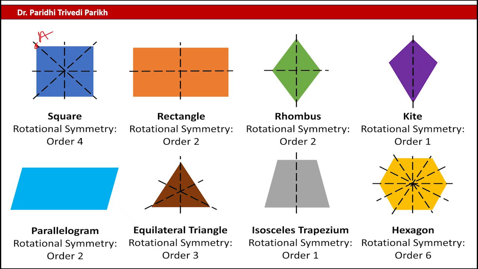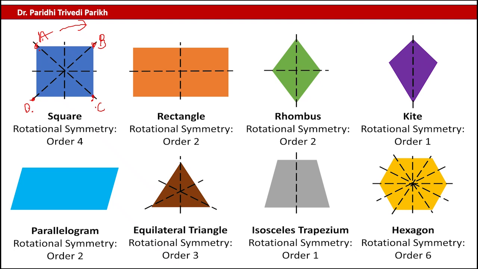So, if I say this is A, this is B, this is C, this is D, I rotate it clockwise in a way that A comes at the place of B, B at the place of C, C at the place of D, and D comes at the place of A. Then also the shape will be identical.